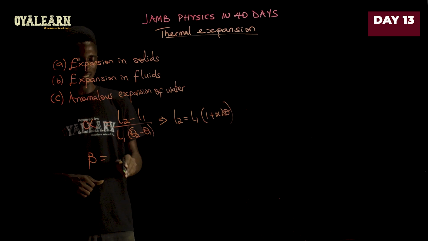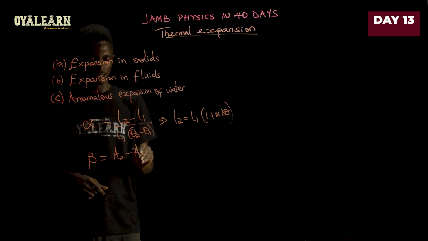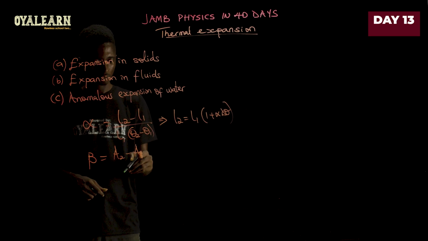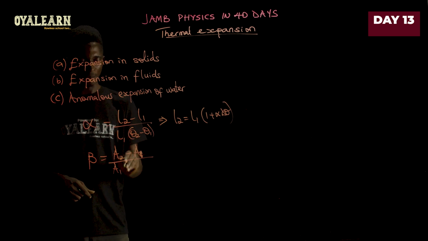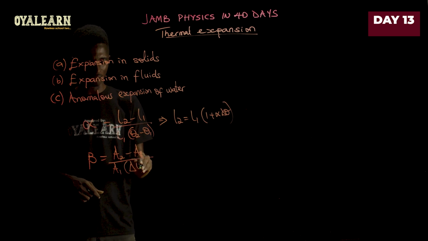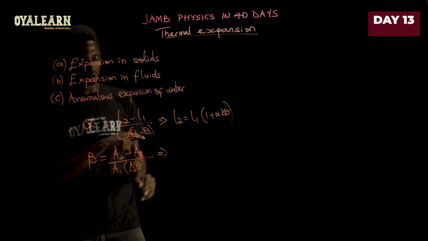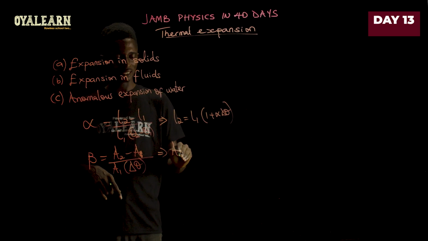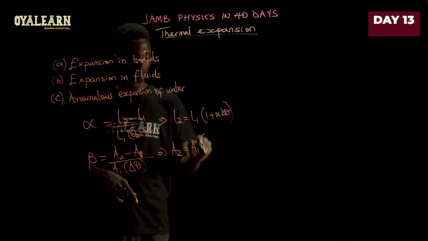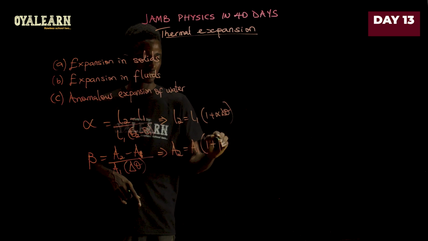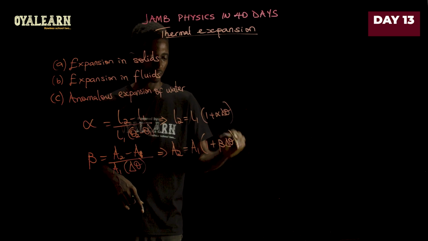Now beta is given as change in the area, so A2 minus A1, this should be A1, per area per degree rise in temperature. So let's call this delta theta, just for simplicity. Okay, so we can also rewrite this and then say the new area equals the original area multiplied by 1 plus the area expansivity multiplied by change in temperature.